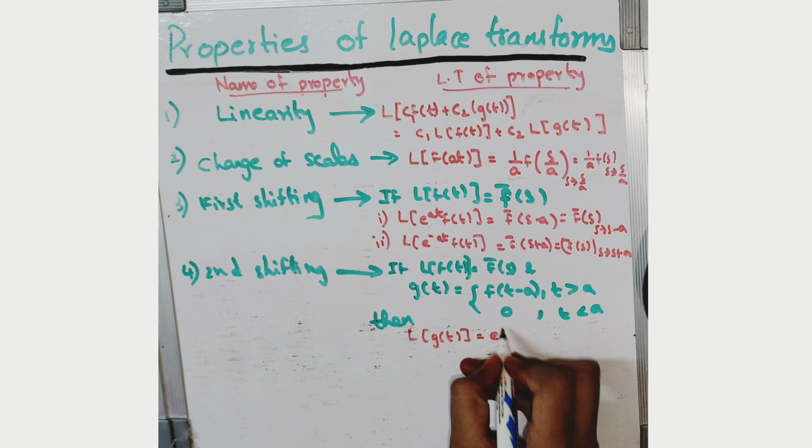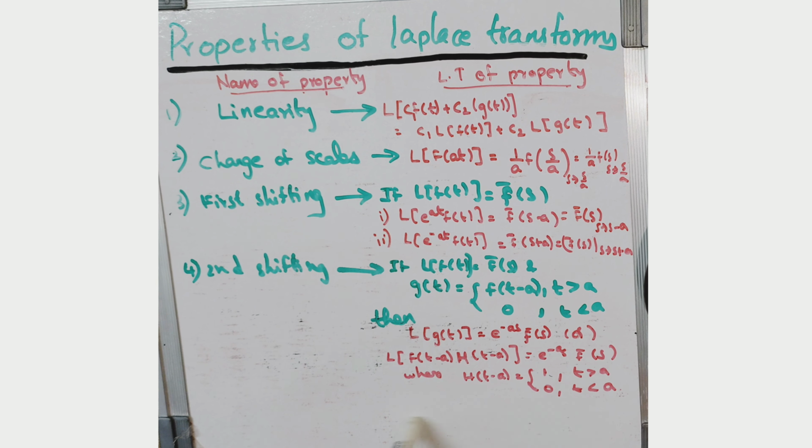Or the Laplace transform of f of t minus a into h of t minus a will be e power minus as into f bar of s, where h of t minus a is equal to 1 for t greater than a and 0 for t less than a. So for the second shifting property, these are the Laplace transforms.